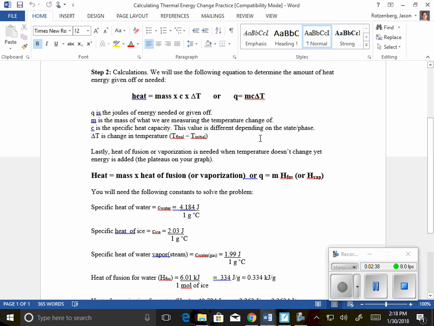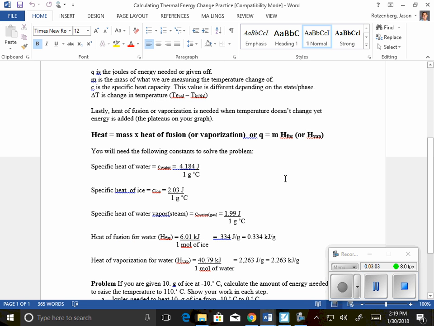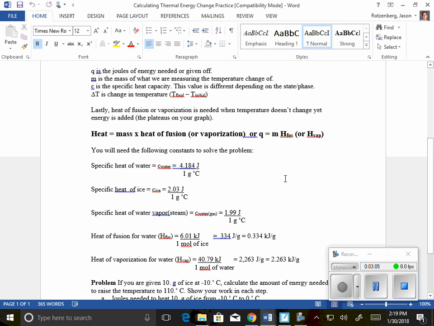Besides this equation in bold, there's one other equation, Q equals M times H, where it's going to be the mass of the object, and multiply that by either the heat of fusion or the heat of vaporization. When it comes time for a quiz or a test, these two equations, Q equals mc delta T and Q equals M times H, those equations will be given to you, as will the constants.